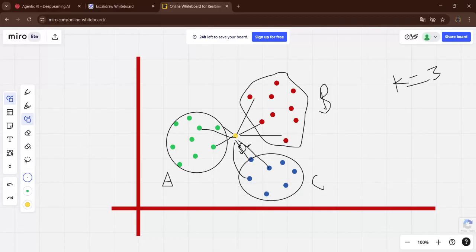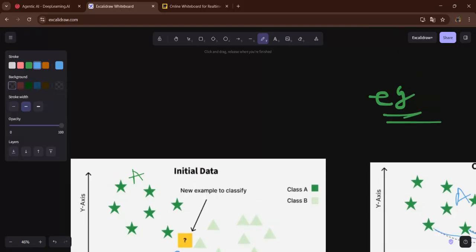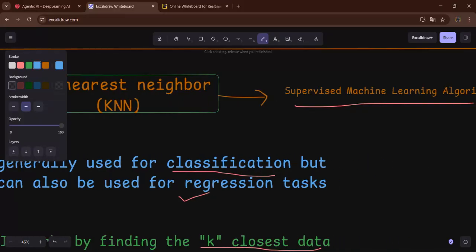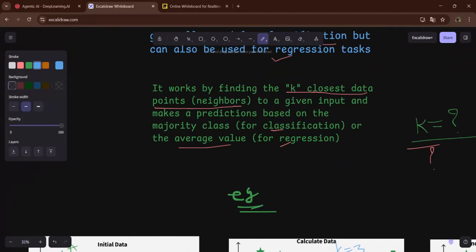By drawing a circle, you can clearly get an idea of which class has the maximum nearest neighbors. Over here, the yellow point has the maximum number of neighbors from class A, so it will be a member of class A, which is green. Likewise, finding the nearest neighbors and classifying the data points is done using K nearest neighbor. I hope you have a clear idea right now.